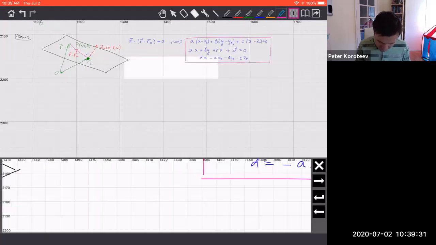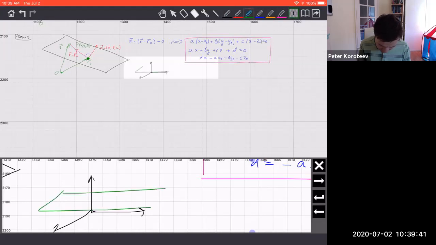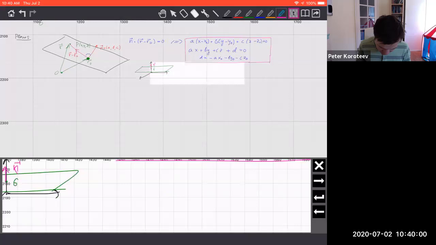Right, so the plane example that we had before. If you have a plane that passes through the point z equals, say, 6 and is parallel to the xy plane, we can pick vector n with coordinates 0, 0, 1.